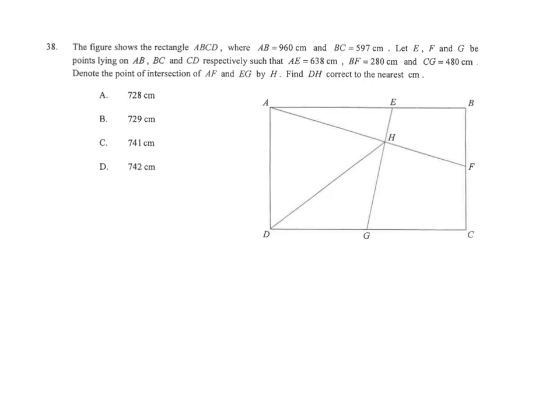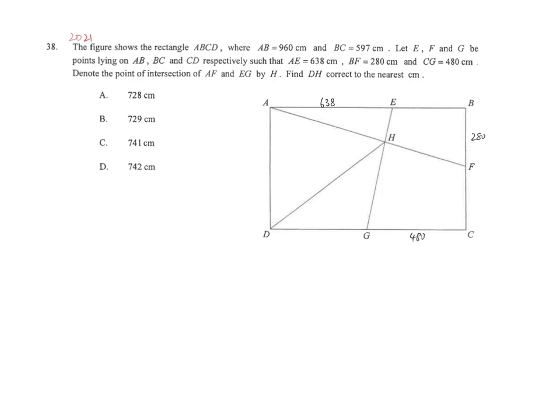For question number 38, we are given a rectangle and some lengths. They told us the whole length of AB is 960 and BC is 597, and then they're giving us individual lengths like 638, and 280, and at the bottom CG, which is 480.